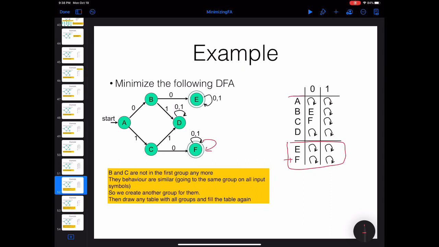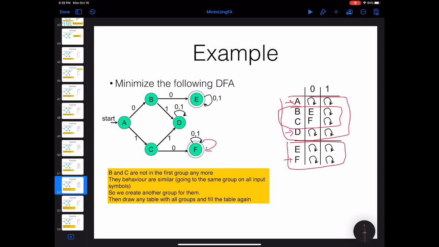But how about this group? As you can see, for A and D, the behavior is the same. But I have some issue here. These two rows, B and C, have a different behavior than the rest of the group, right?